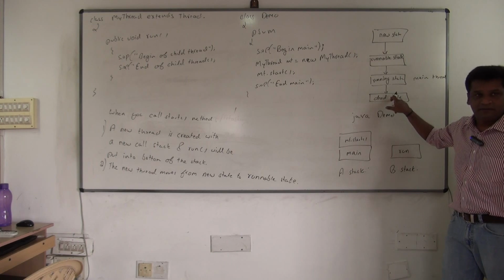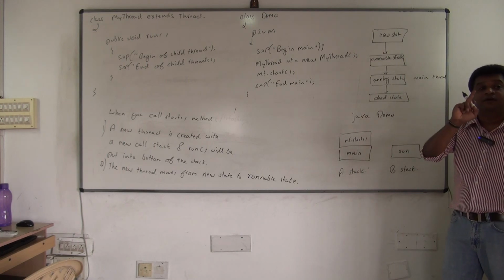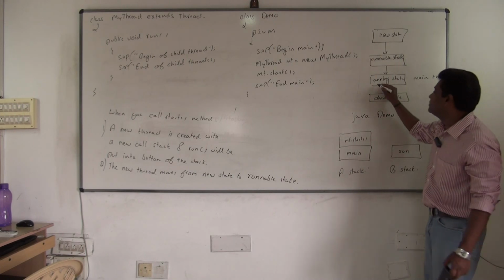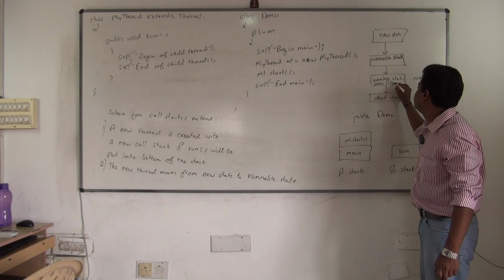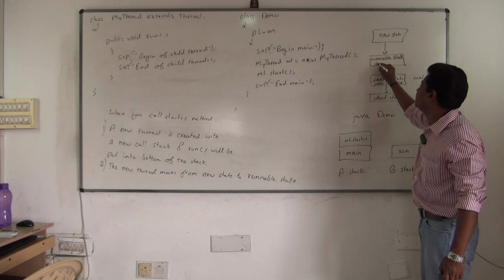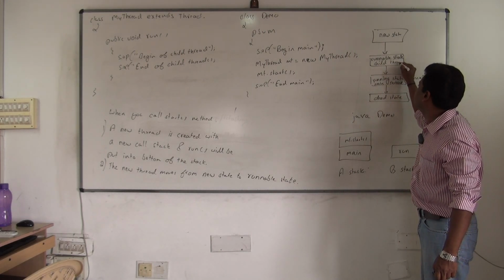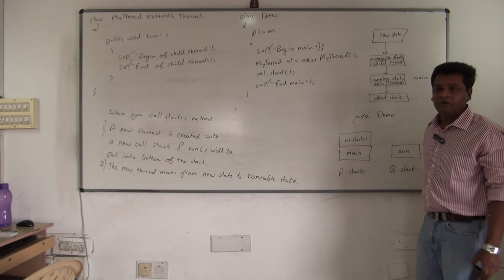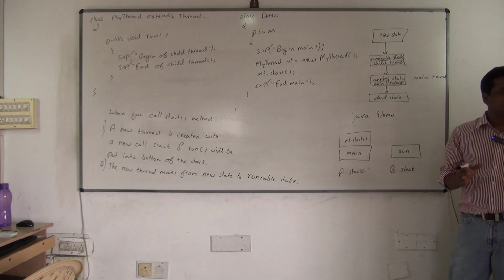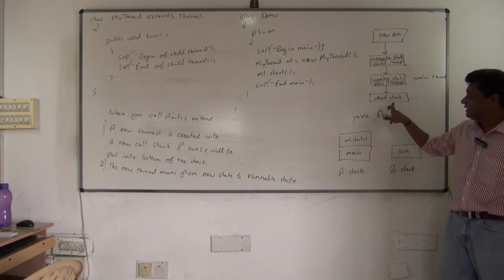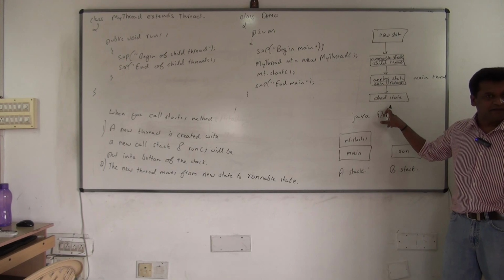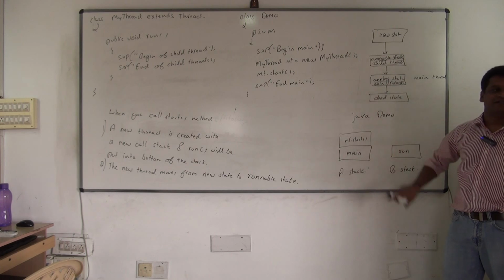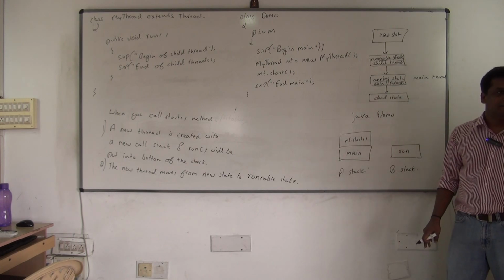At one point of time only one thread is in running state. So after the main thread completes execution and goes to dead state, the child thread will come to running state and then complete the execution. That's the actual flow you're seeing here.